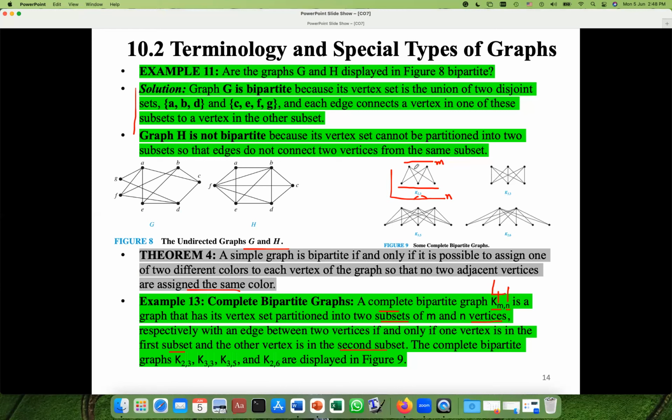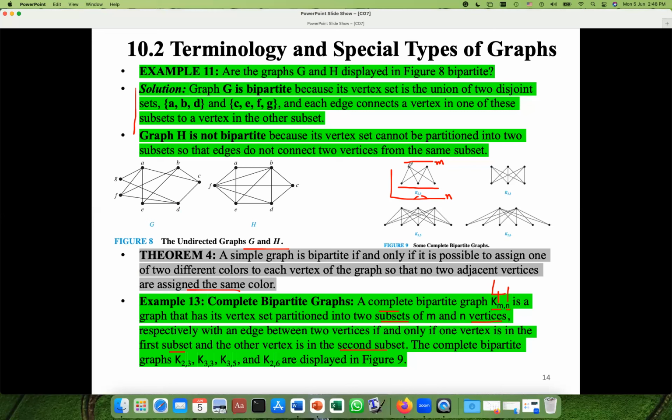And then you can see that from this vertex, you have an edge to the other vertex, an edge, not multiple edges, an edge. So basically, this is a distinct pair of vertices. It's the same definition that you have for the complete graph. But you have two subsets.